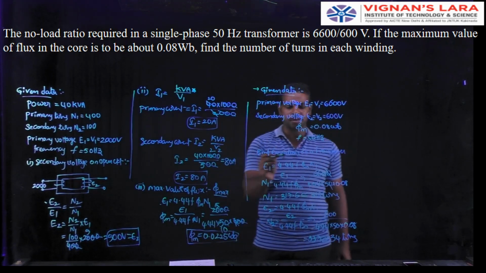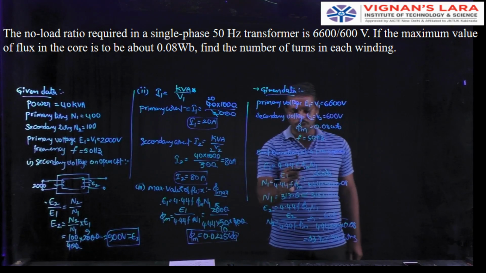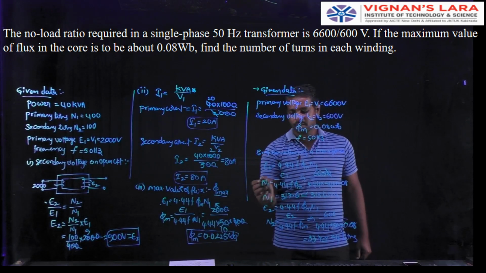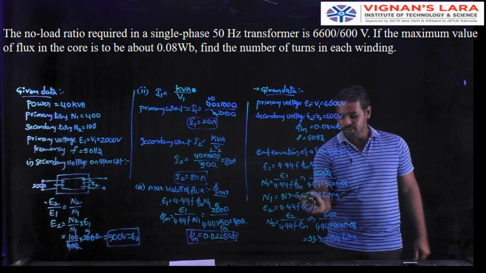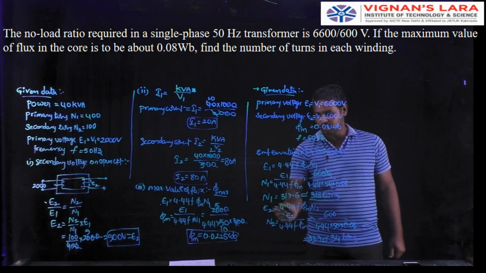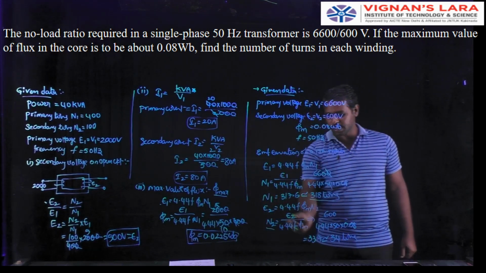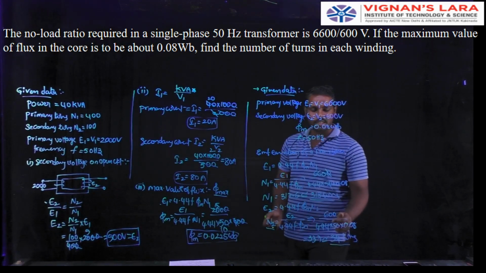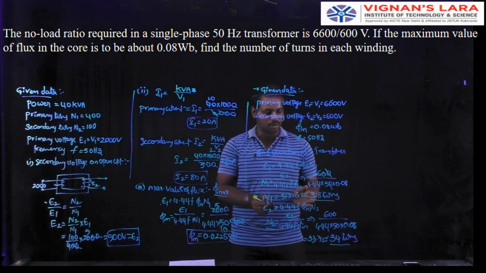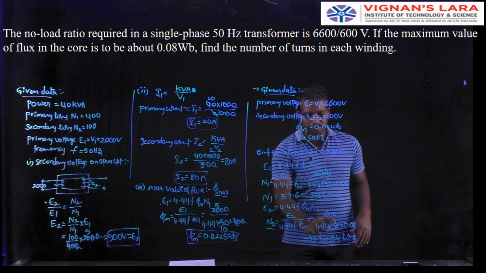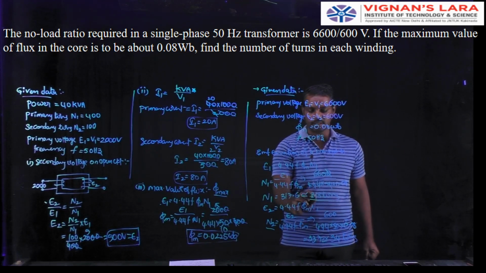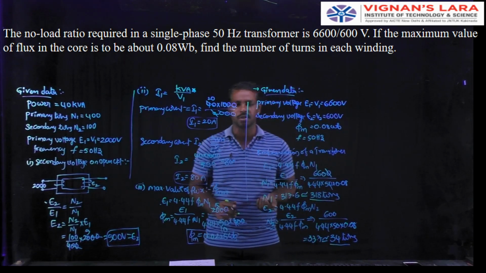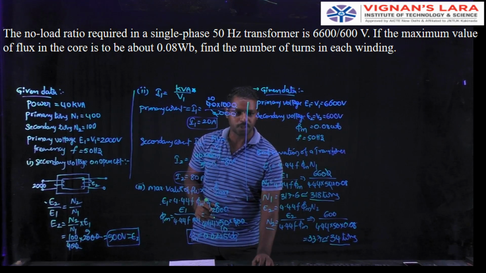By using the EMF equation of a transformer, E1 is equal to 4.44 F into phi m into N1, we get 318 turns. Again calculating N2 by the EMF equation, we get 34 turns. So 600 volts means 34 turns, 6600 volts means 318 turns. That means turns are always directly proportional to voltage.